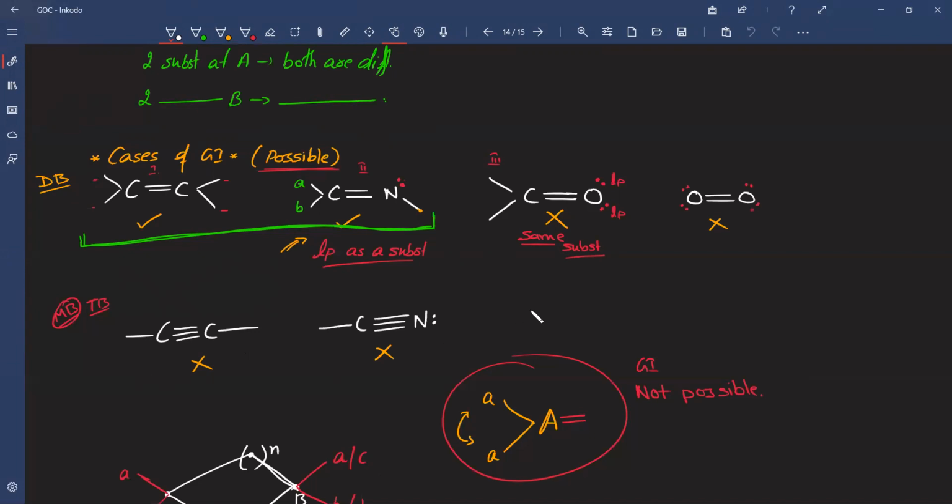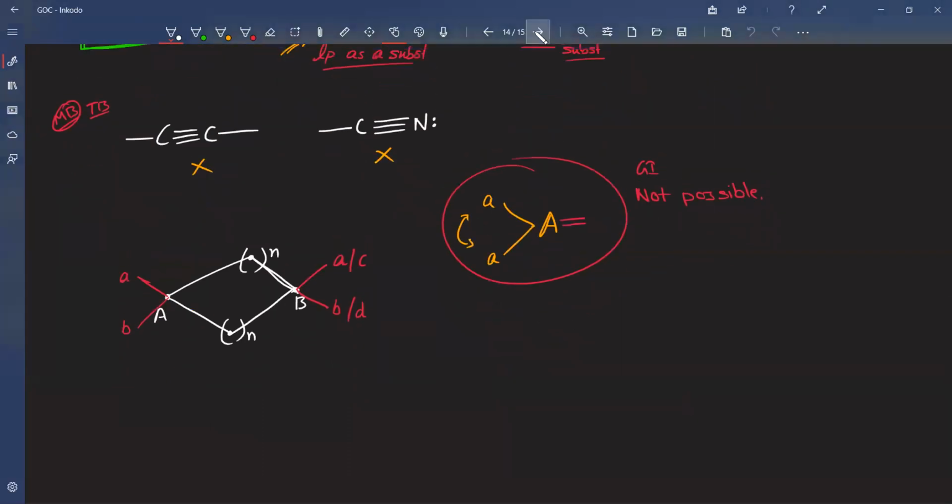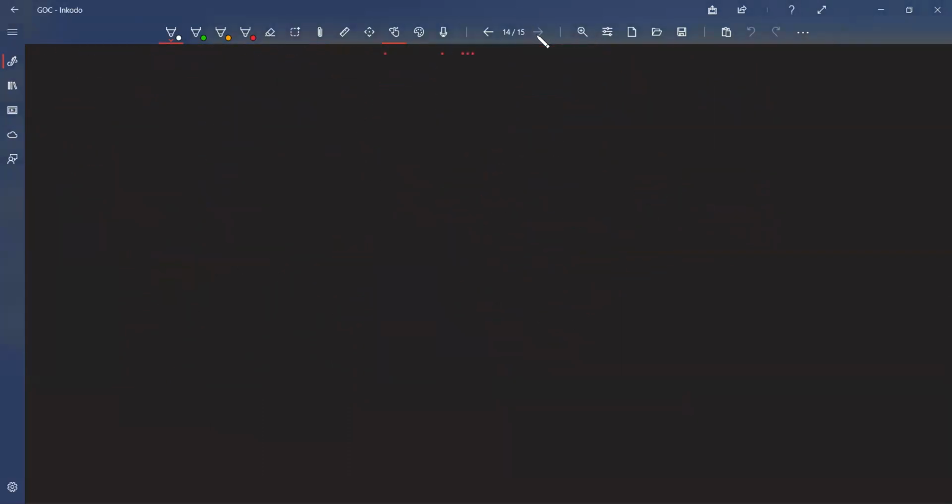Where is the alternate place? There is no alternate place. So there won't be any geometrical isomerism in case of a triple bond. Geometrical isomerism is possible only if there is a carbon-carbon double bond or carbon-nitrogen double bond and other substituents, and those substituents should be different.